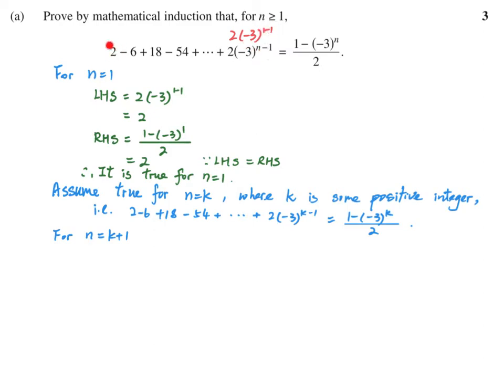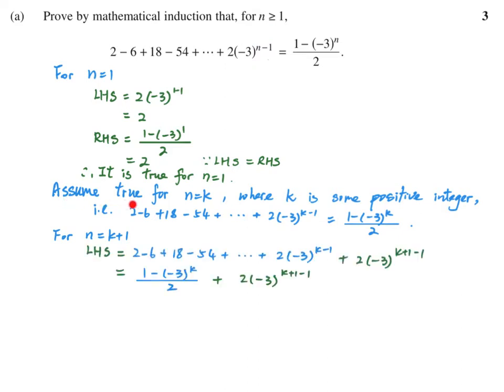So the first term is the left-hand side when n equals 1. It equals 2. For the right-hand side, simple. You just substitute n equal to 1. It is 4 over 2, which is 2. Left-hand side equal to right-hand side. Therefore, it is true for n equals 1.